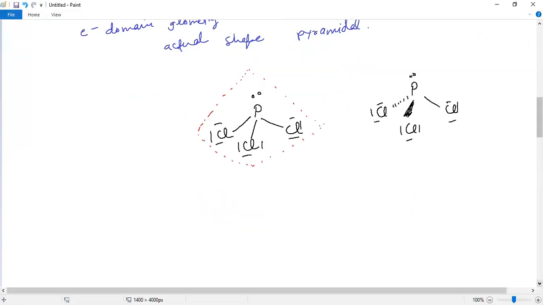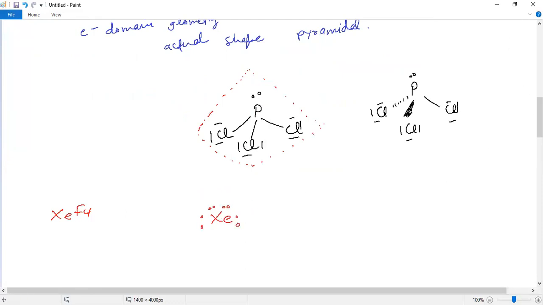Next example we can take is XeF4. Now again we will write the Lewis structure. So xenon is an inert gas and it has a total of 8 valence electrons. So I can write something like that: 1, 2, 3, 4, 5, 6, 7, 8.